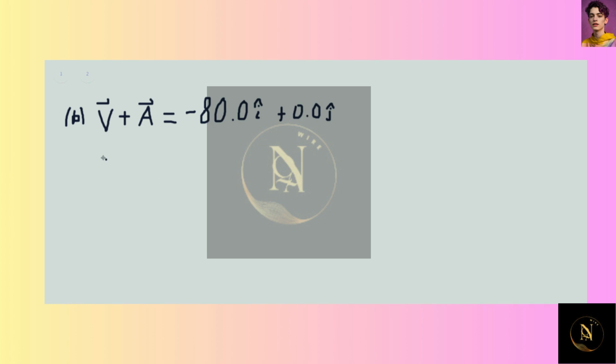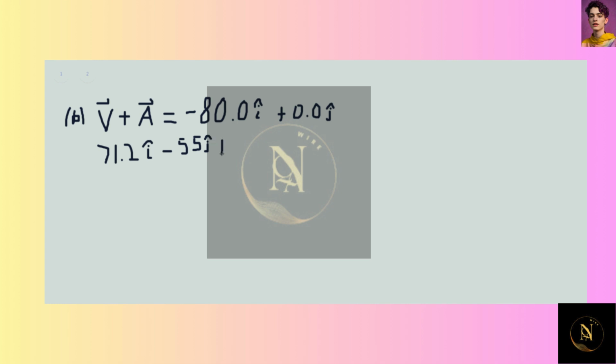Okay, so we need to determine a sub x and a sub y to give us these values, right? So we know what v sub x and v sub y are. We have 71.2 for v sub x, which is the i hat direction, minus 55 for v sub y, or j hat direction.